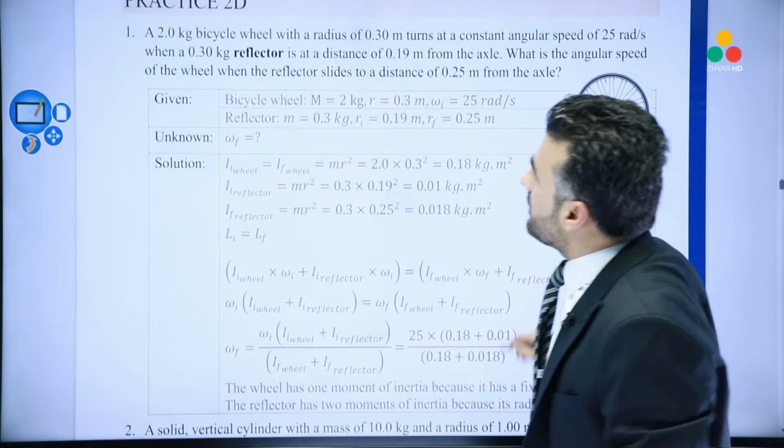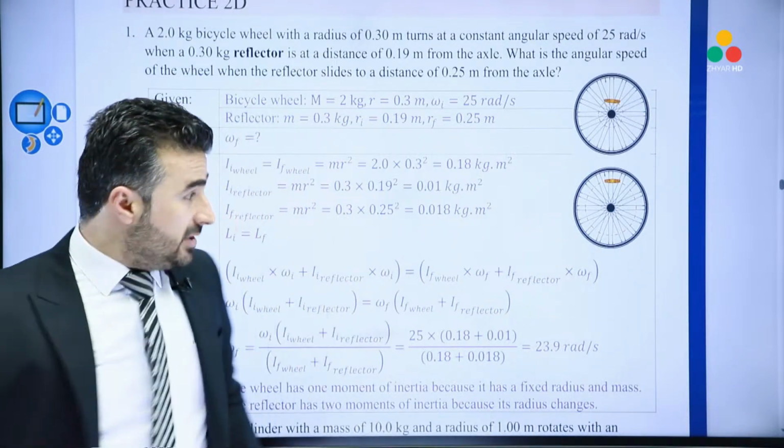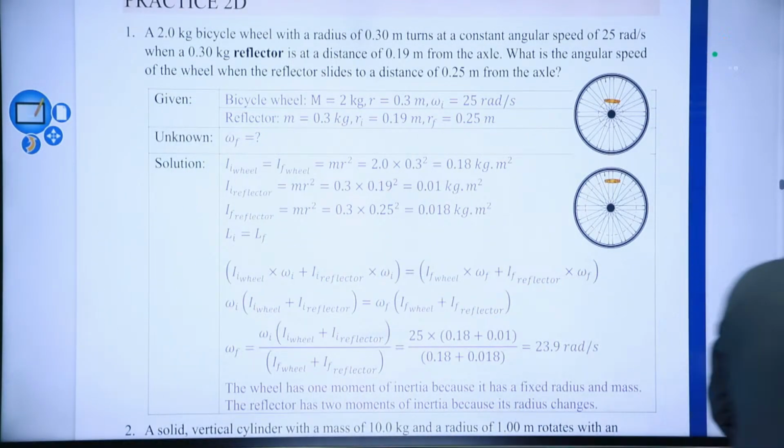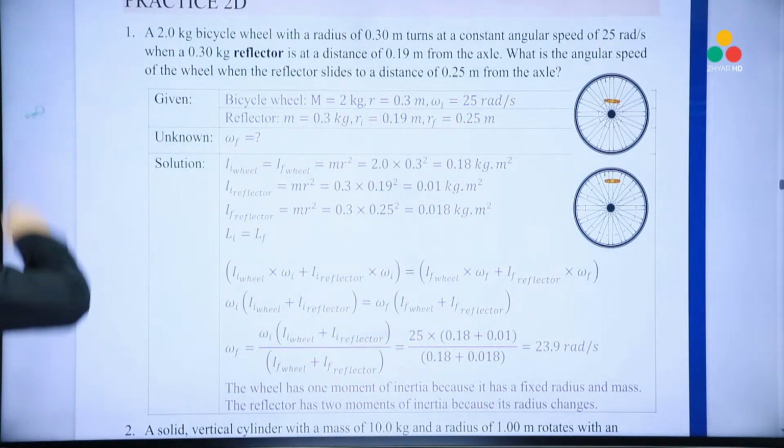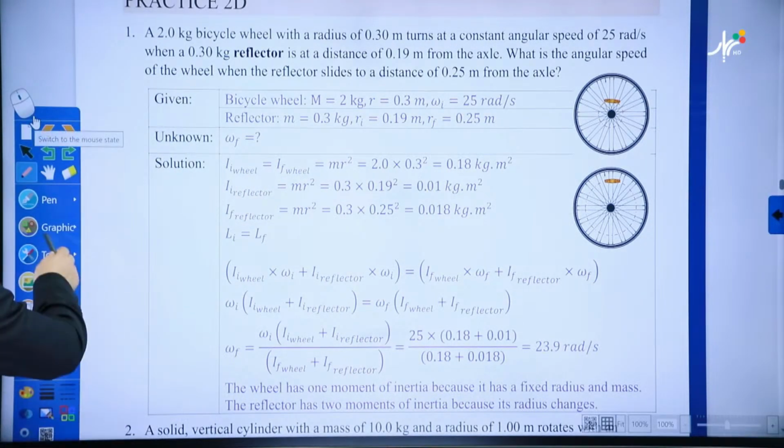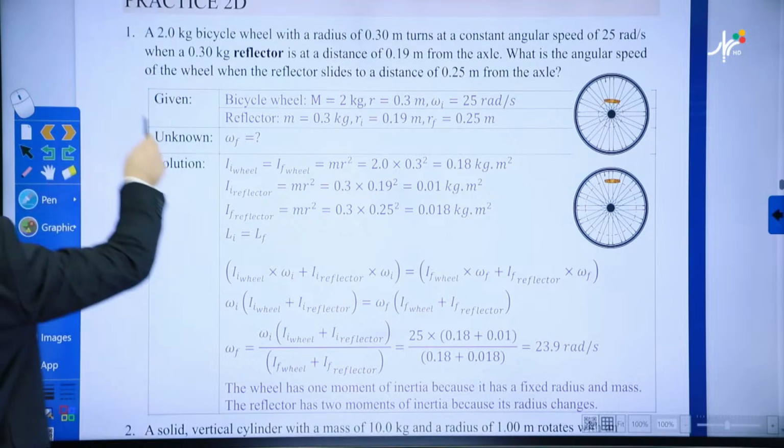Perhaps, shall we do this one in another lesson? Let me see if I can do it in 2 minutes, because that's what I've been told. We only have 2 minutes. So let's see if we can solve this in 2 minutes.